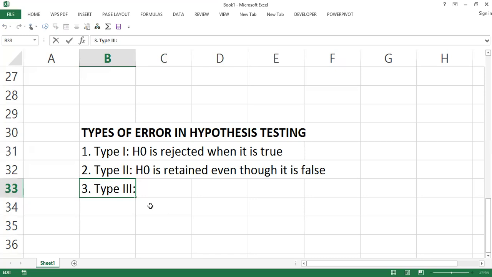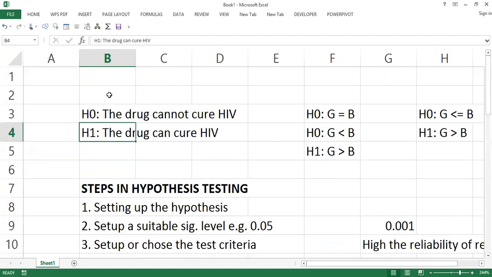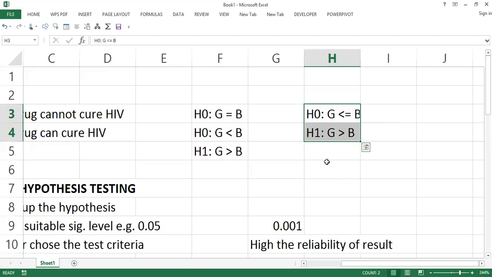Okay. So, for example, let's say you are doing a one-tail test instead of doing a two-tail test. That happens from your hypothesis setup.